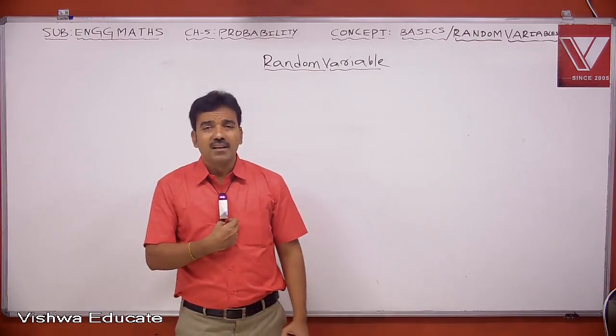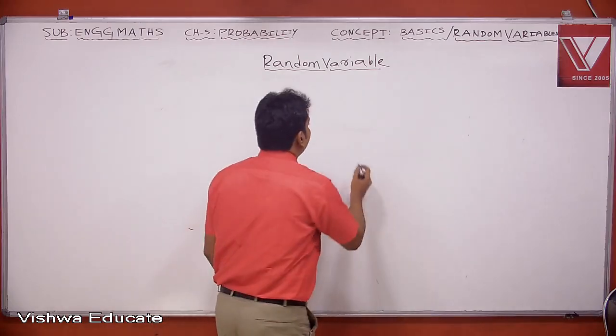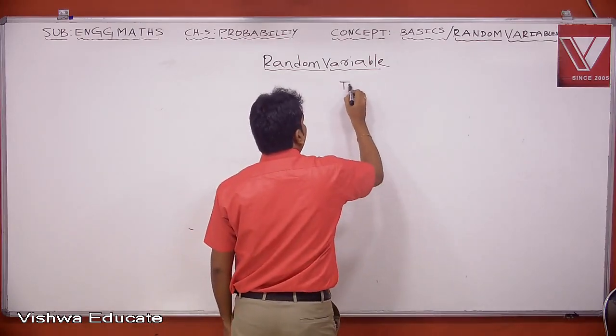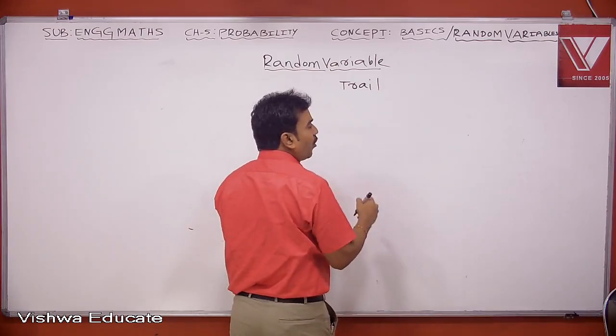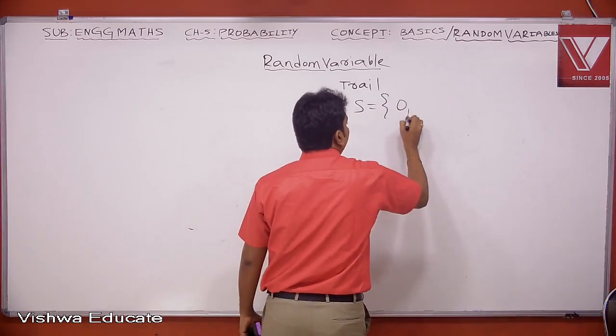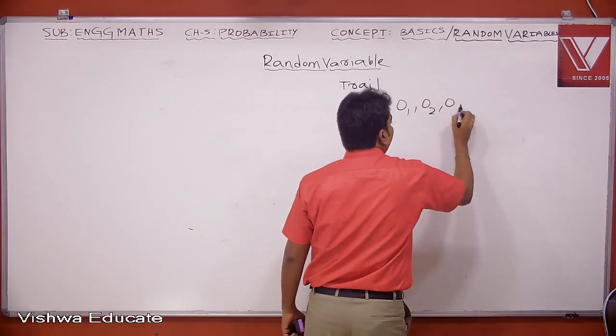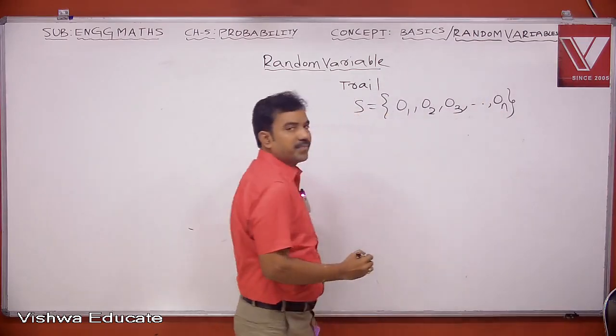Now let us see what is a random variable. When you conduct an experiment, assume that the number of outcomes are O1, O2, ..., On. So we have n outcomes: O1, O2, O3, and so on, up to On.